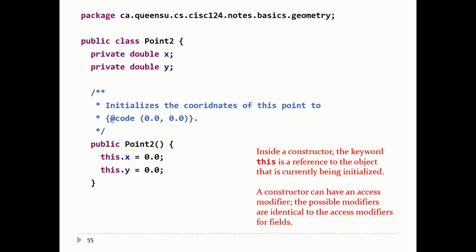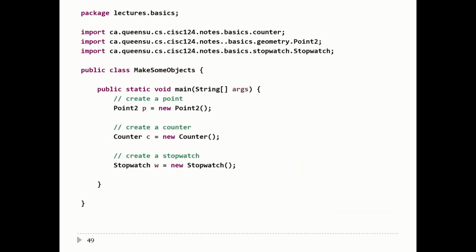So, in part, no. I'm just trying to decide the best way to answer the question. In part, it's the context in which the code appears. Back here, is there an example? Yes, right here. Here, you're declaring a variable p of type Point2.